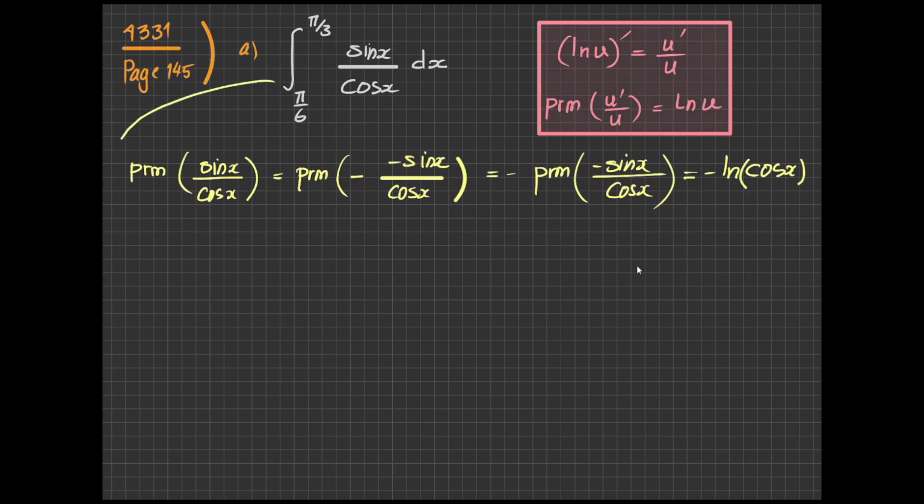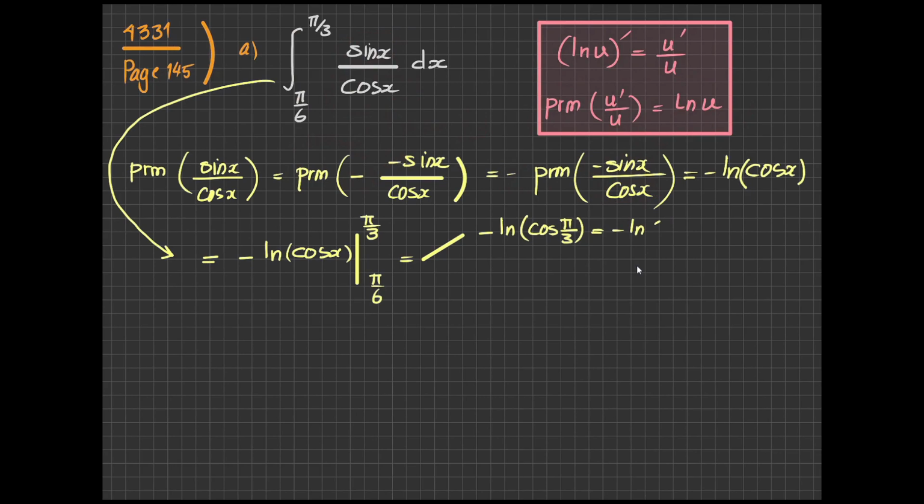Now I go back to my integral. This becomes equal to my primitive function that I determined here, but I have to calculate it from pi over 6 to pi over 3. And then I replace x with pi over 3. Cosine of pi over 3, I have it in my memory, is 1/2.